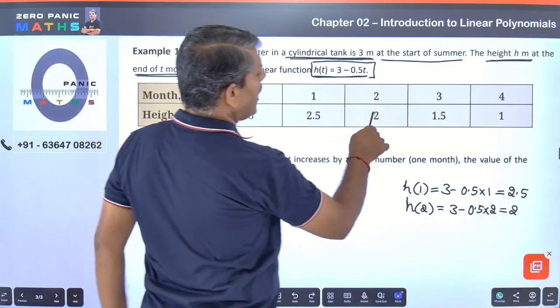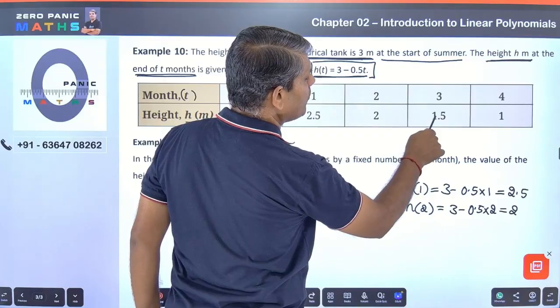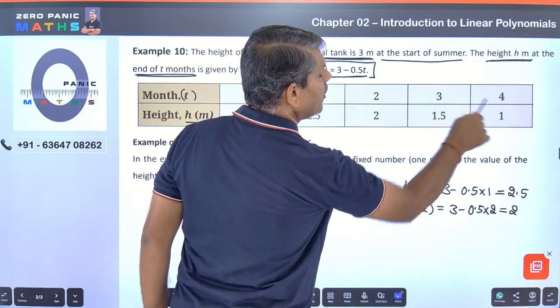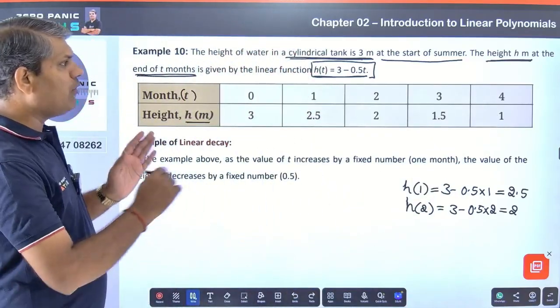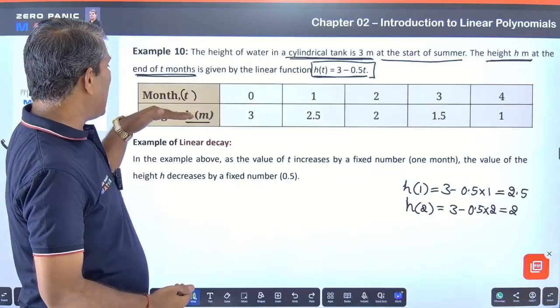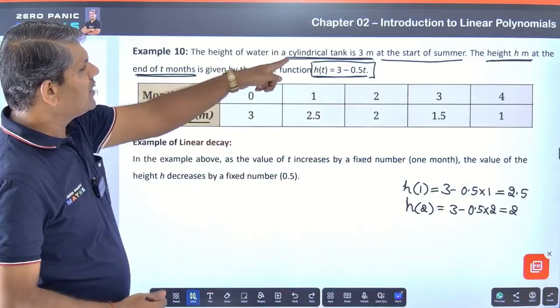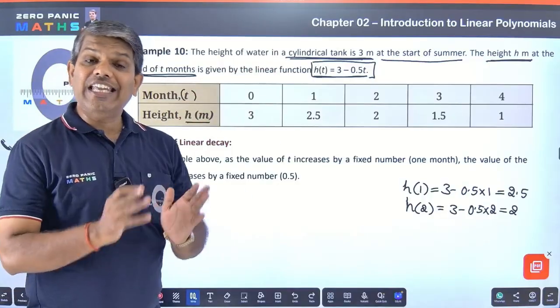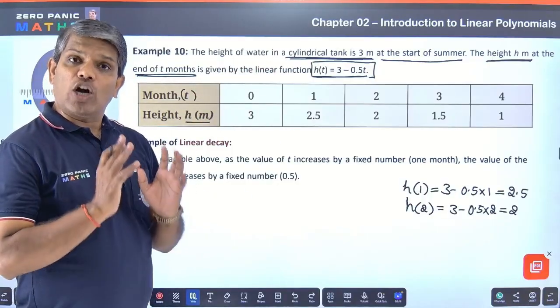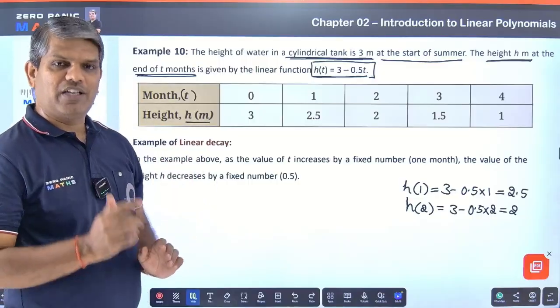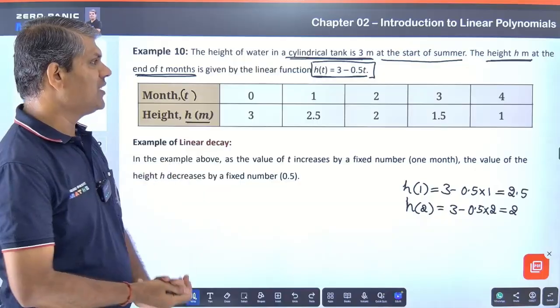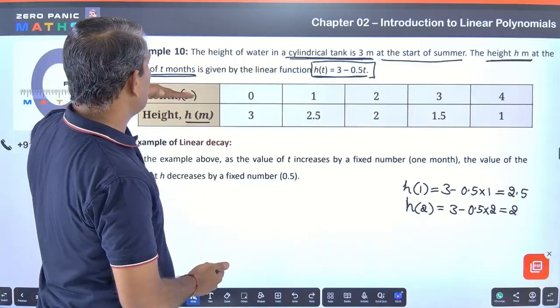And from 2 meters, another 0.5 gives 1.5 meters, another 0.5 gives 1 meter. So if you observe, the height of water in the cylindrical tank is getting decreased by a constant amount, that is half a meter, 0.5 meters, with a change in value of t.